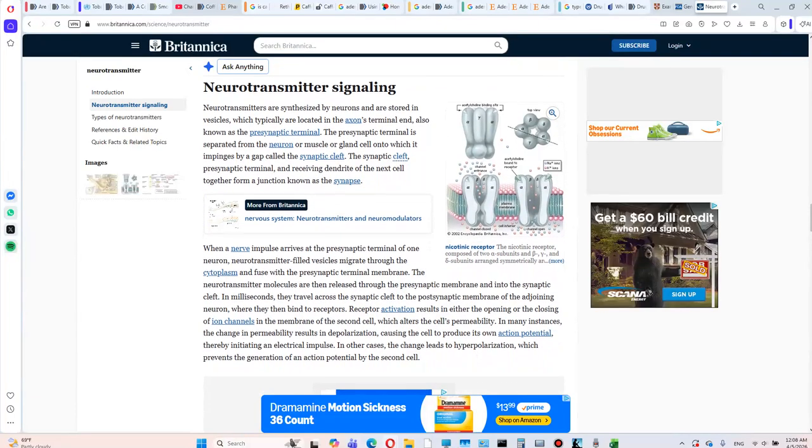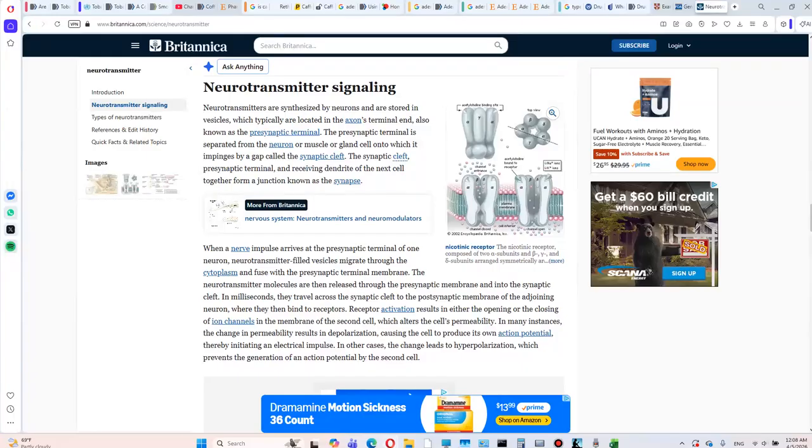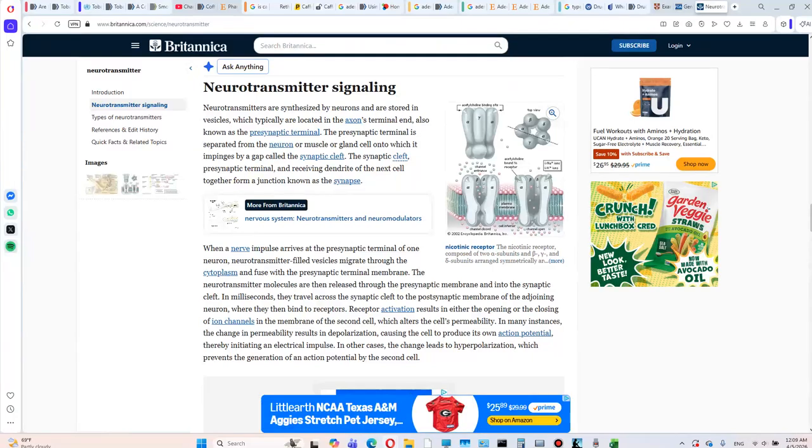Neurotransmitter signaling. Neurotransmitters are synthesized by neurons and are stored in vesicles, which typically are located in the axon's terminal end, also known as the presynaptic terminal.